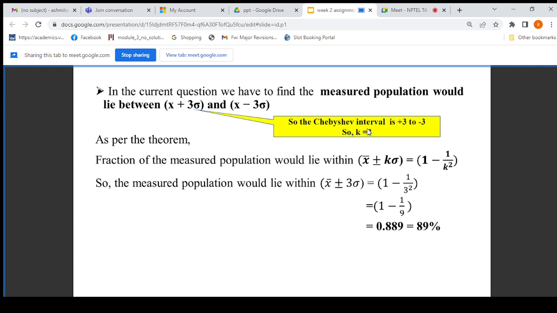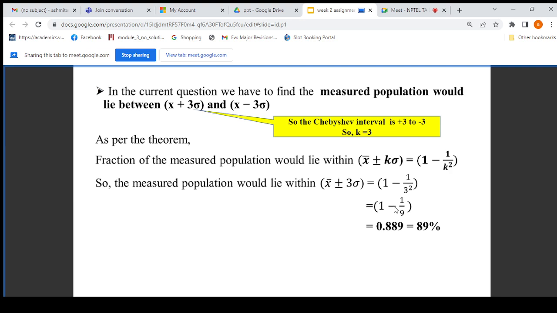As per this question, k equals 3, so the measured population would lie within x plus or minus 3 sigma. Following the formula, it comes to around 0.889 or 89%.